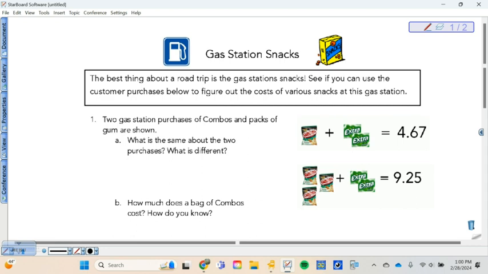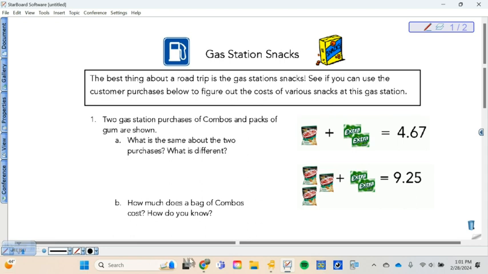Yeah, 2 packs of gum. They're combos, actually. You see what combos are? No, not that kind of combo. Combo is like a brand of pretzels. They're little things with filling in them. Yeah, they're called combos.